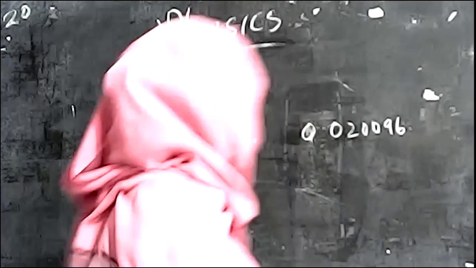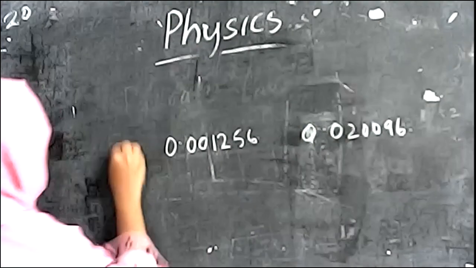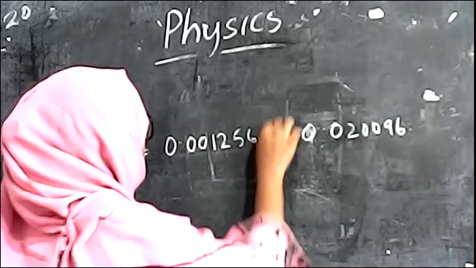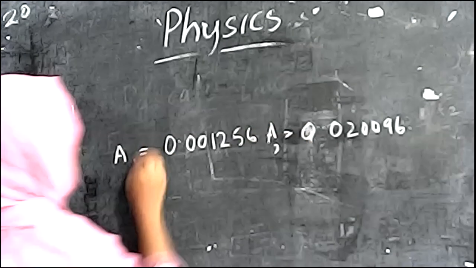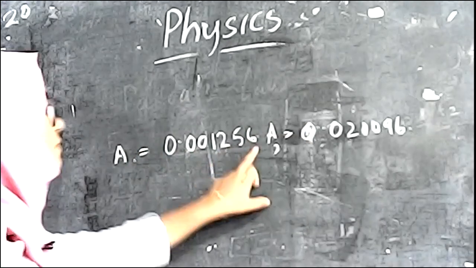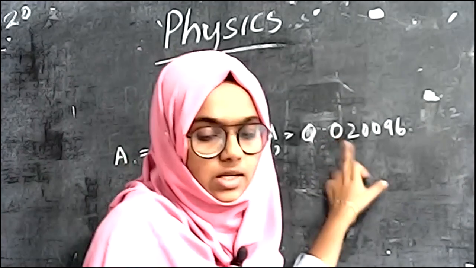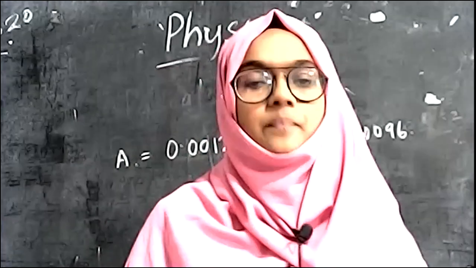0.020096. So the area A1 is equal to 0.001256 and A2 is 0.020096.